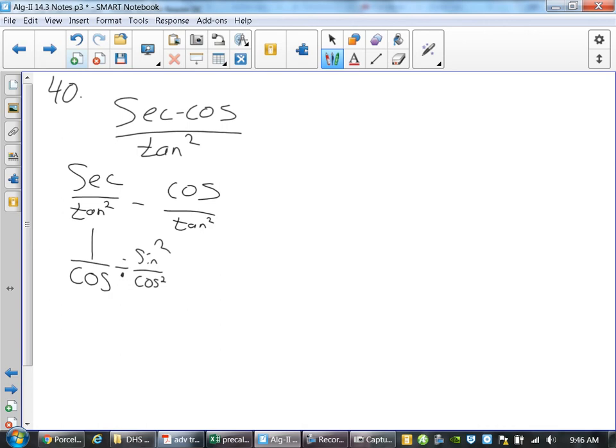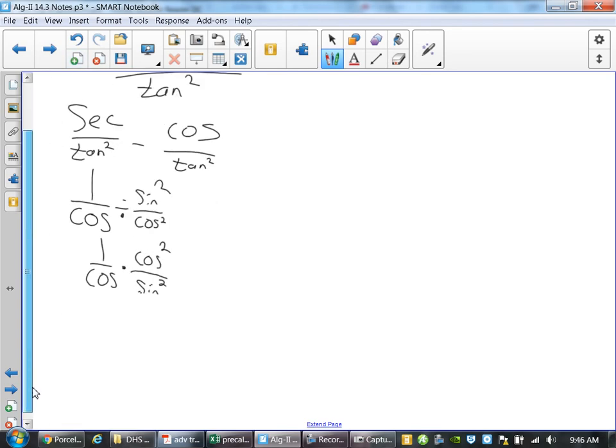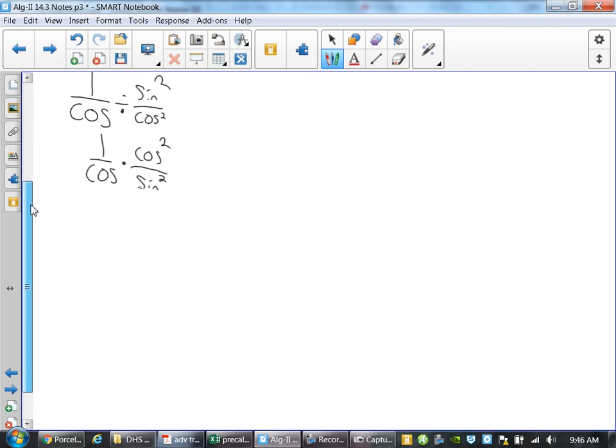So now I have 1 over cosine times cosine squared over sine squared. So far, so good? Okay. So now, cosine drops, and we get a cosine over sine squared.